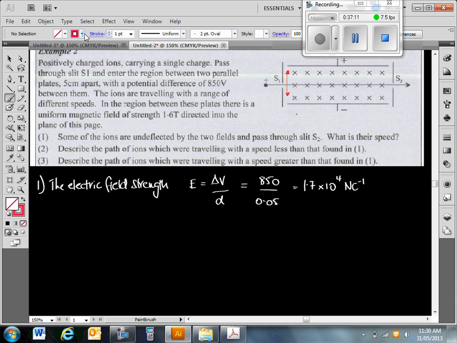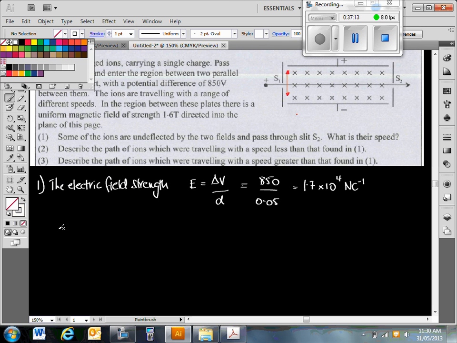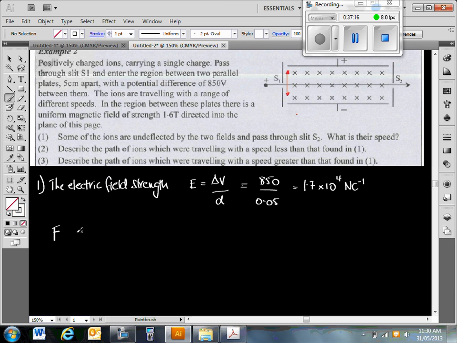So I can write a mathematical expression for that. I can say the force because of the electric field is equal to the force because of the magnetic field. But they equate to different things. F equals EQ on this side, and F equals QVB on this side.